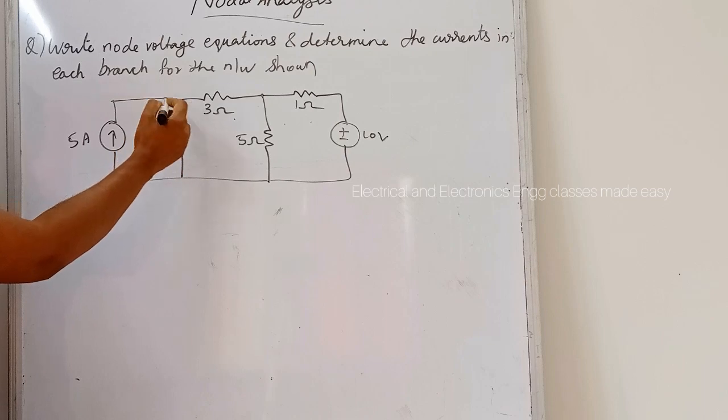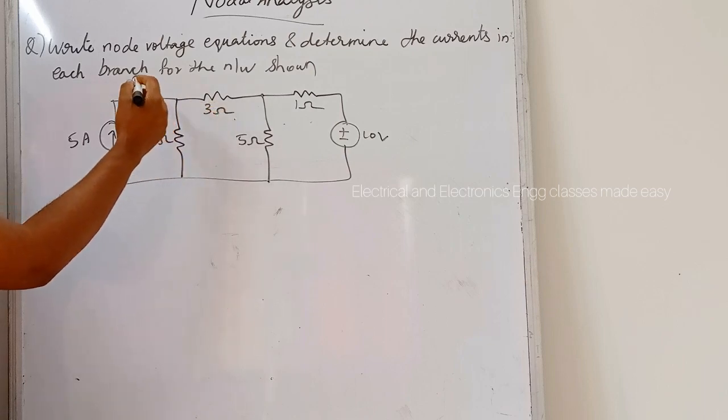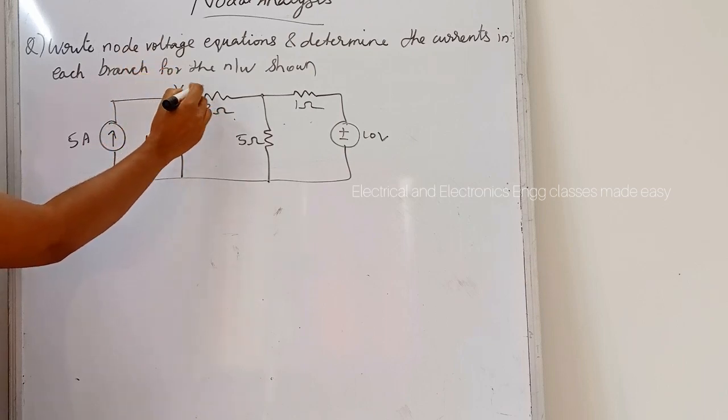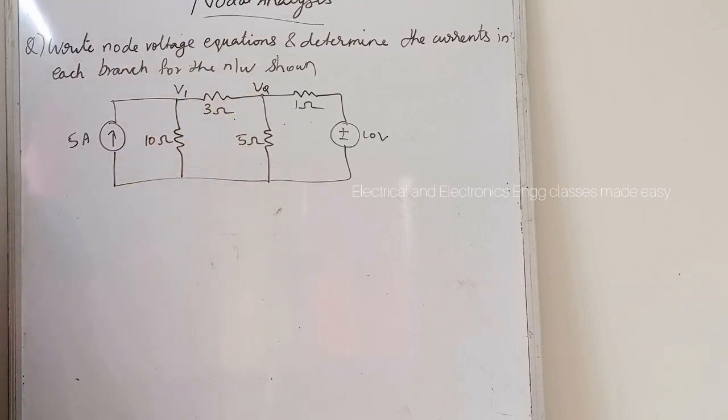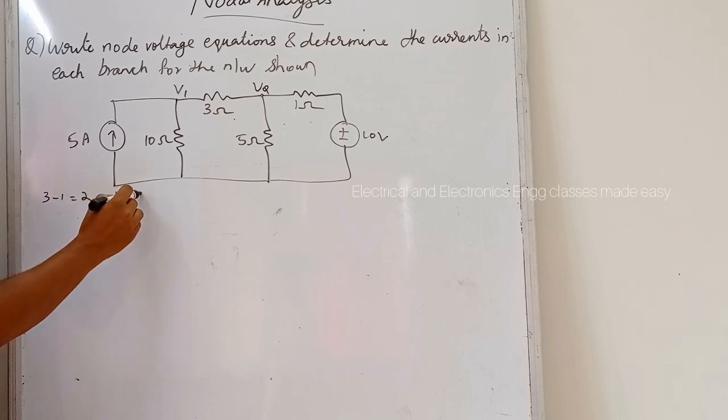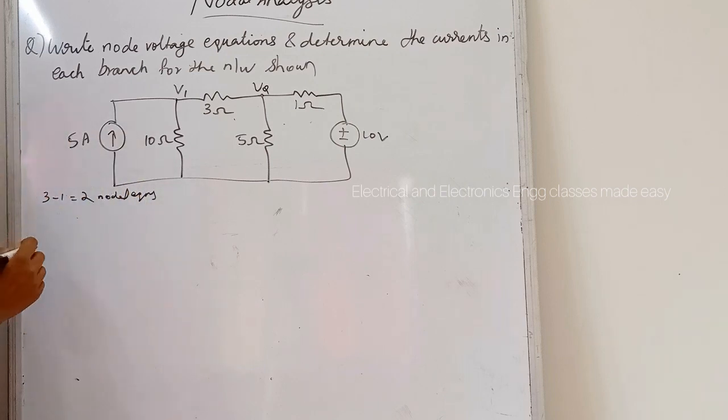Now assign the voltages at each node: this is V1, V2, then this is the third voltage. There will be 3 minus 1, that is 2 nodal equations. Now we can apply KCL at each node.